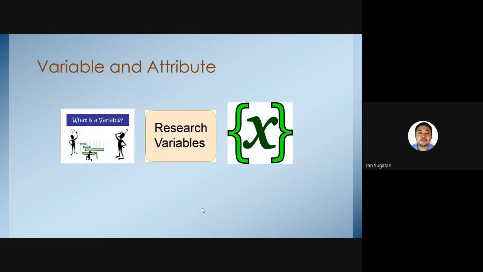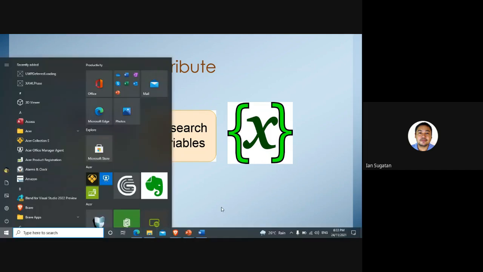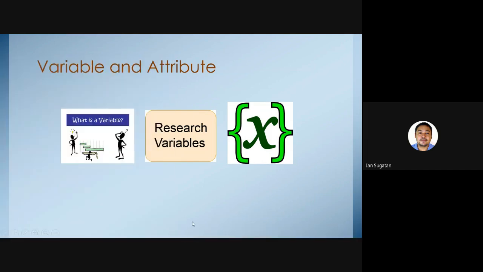So, we have here variable and attribute. To understand your variables better, you must understand variables and attributes. Variables and attributes refer to the quality of an object. That object may be a person or a thing, etc. Attributes are closely related to variables.